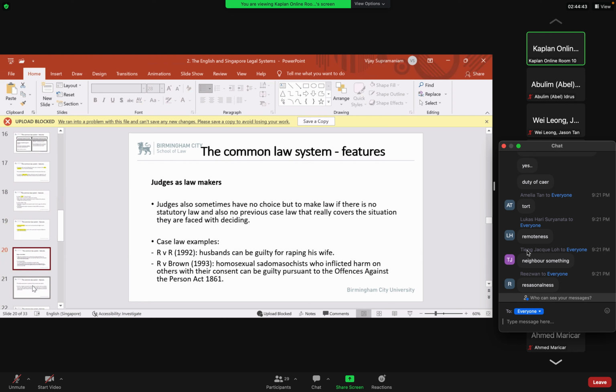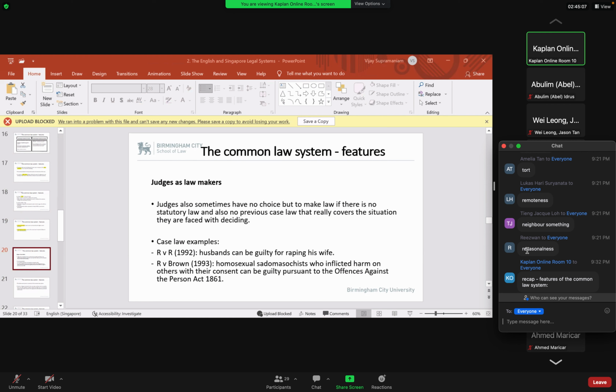Next, I've covered two features of the common law system. A quick recap: the first feature is that the system was developed by common law courts.